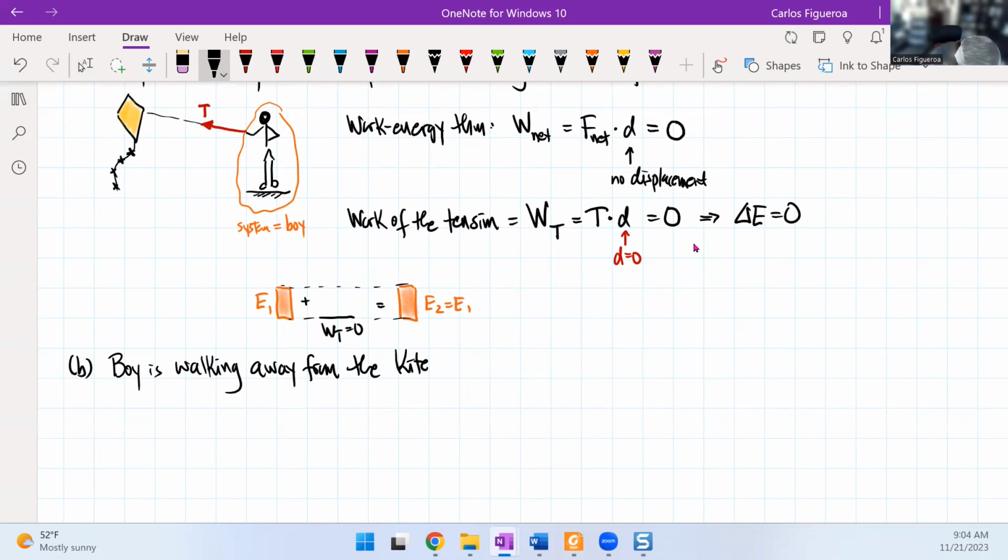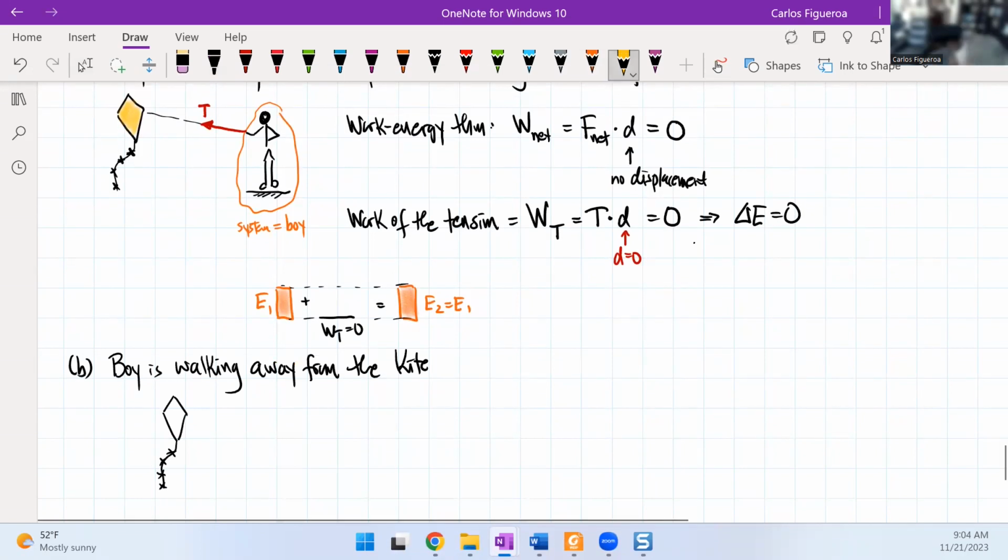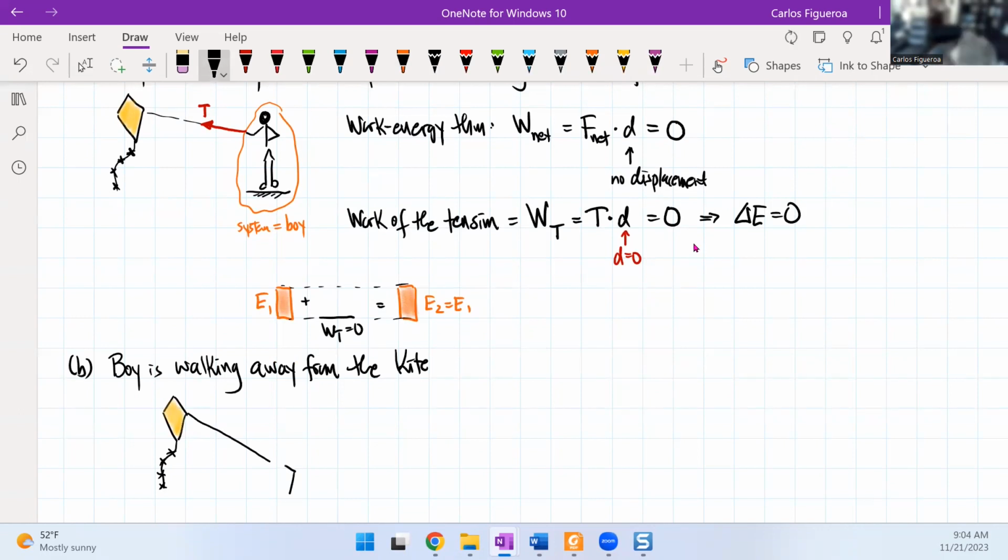Now what I'm seeing here is that I have my kite again, and if I'm looking at my string here, you could then imagine that now I have the boy that's now walking like this here.